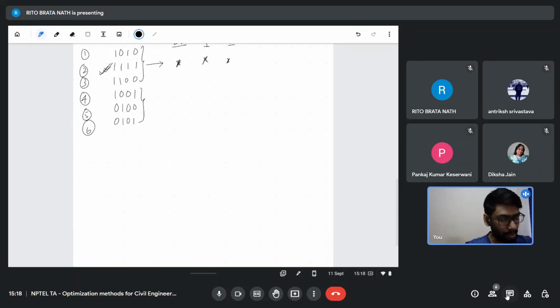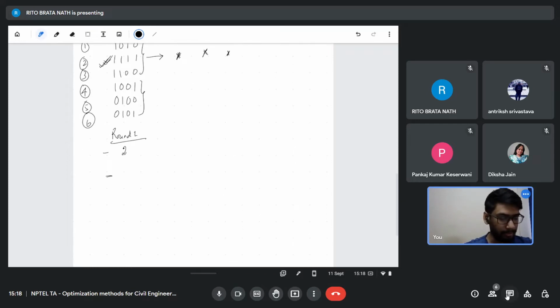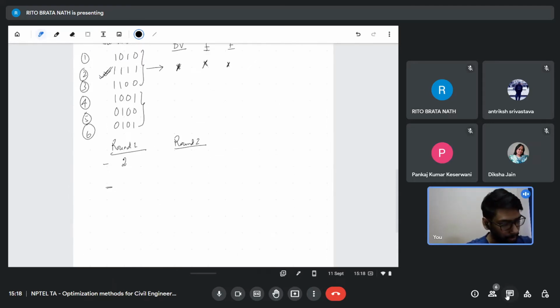So in the first round, round one, you take three solutions from here. Then two will definitely win in whichever three you pick, because that's the best solution. In another match, another set of three solutions will be there, and some other solution will win. Then in round two, suppose you pick these three solutions together.